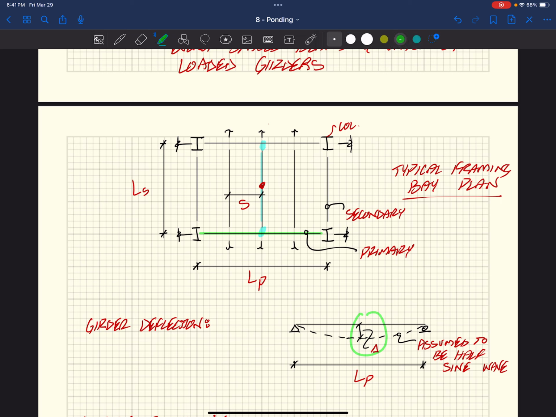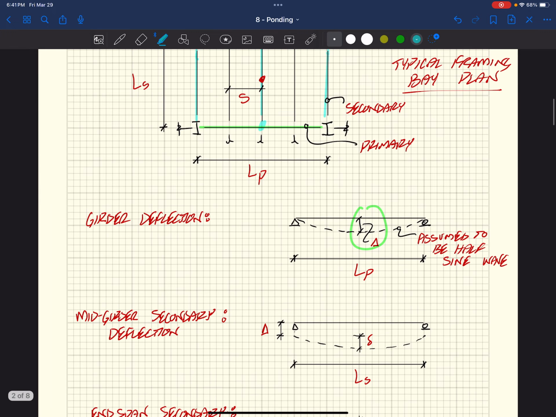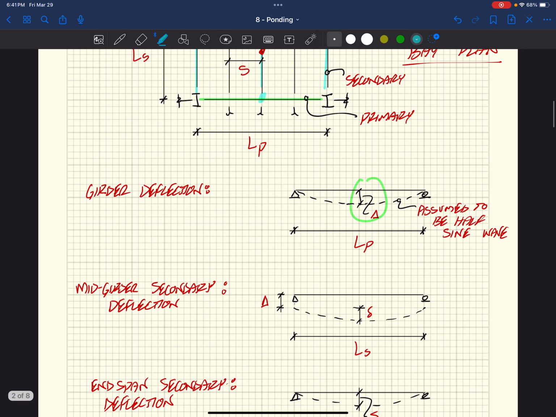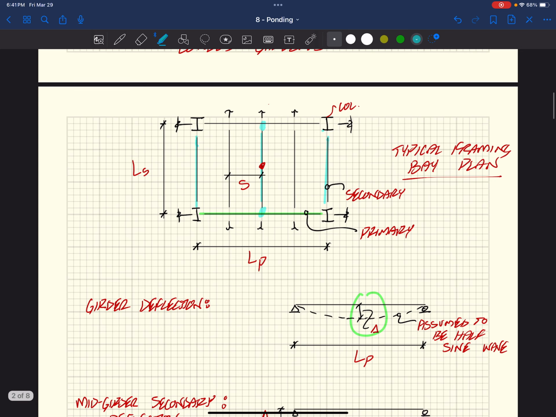If we look at these joists or beams framing out at the ends, they don't have that initial girder displacement. They're just going to get the little delta. And so they came up with a couple different ways of determining if this system, secondary and primary, is stiff enough that it limits those displacements to an acceptable level.